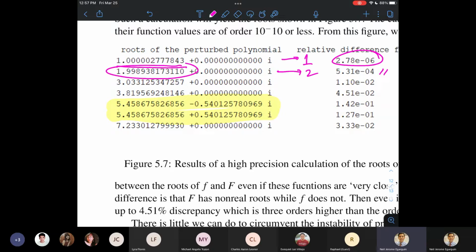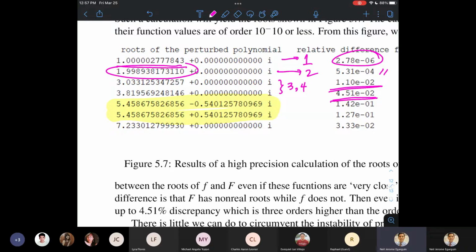I cannot say the same for 3 and 4 kasi mukhang malaki na yung pagbabago. Kasi look at this. Nabago na 1% yung root na 3, nabago by 4.5% yung root na 4. So sige, borderline, stable, unstable yung 3 at saka yung 4.